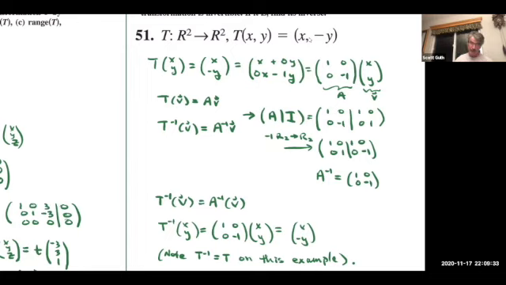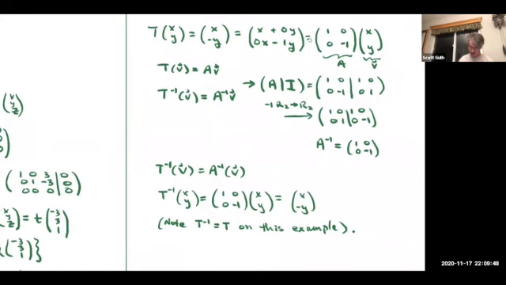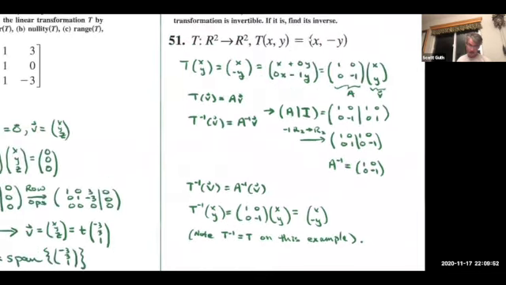And if you reflect it back, it just comes back to the original location. And that's why if you apply the transform twice, it undoes itself, which means it is its own inverse. Okay. So that's why T inverse is equal to T on this one. Okay, so that's 51.